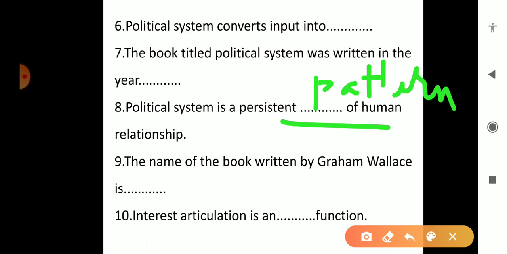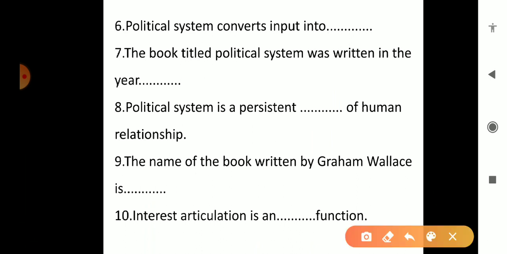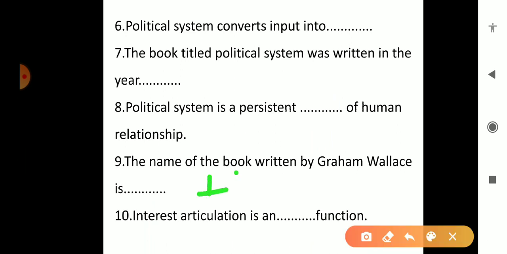The name of the book written by Graham Wallace is, and we have read that Human Nature in Politics is written by Graham Wallace. Human Nature in Politics.